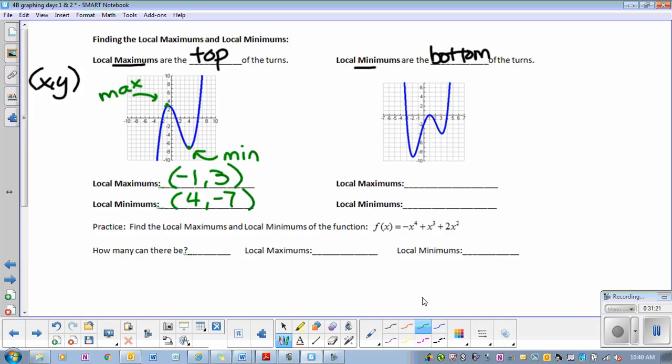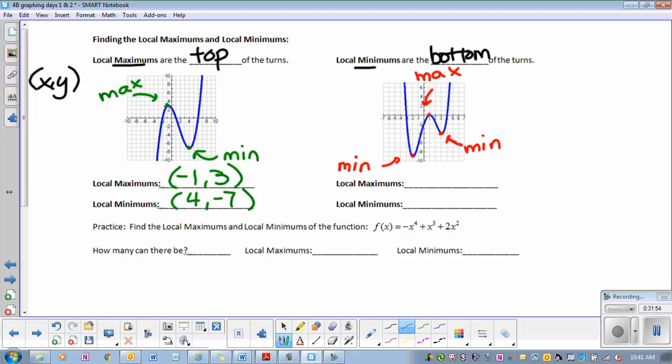Can we go and find the local maximum and the local minimum for the next one? And you know, you're not using any U's or anything like that here, okay?